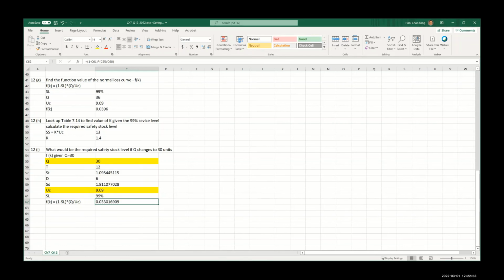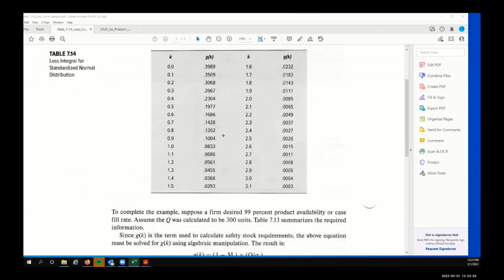0.033. Let's find the table. 0.033. I would think it's more close to 1.5. Yeah, very close.